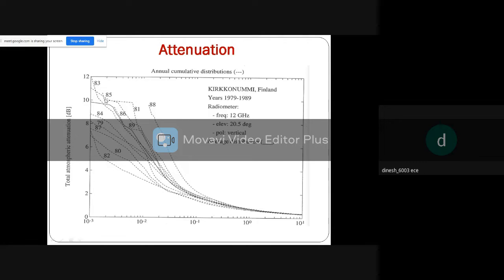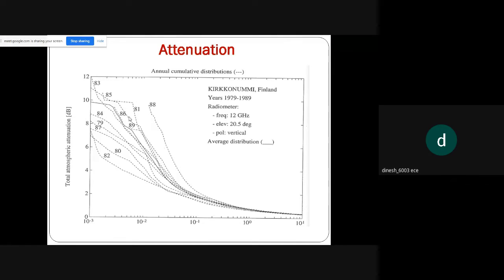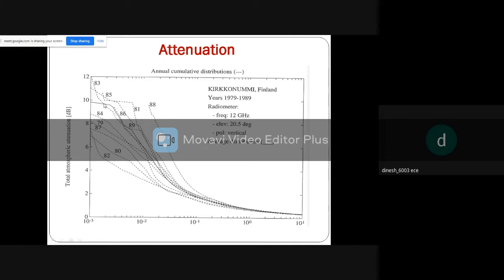And around 1985, it was nearly 11. 1986 is this curve, which is in dashed lines. This dashed line is nearer to 10, so it is about nearly 9.8 or 9.7.